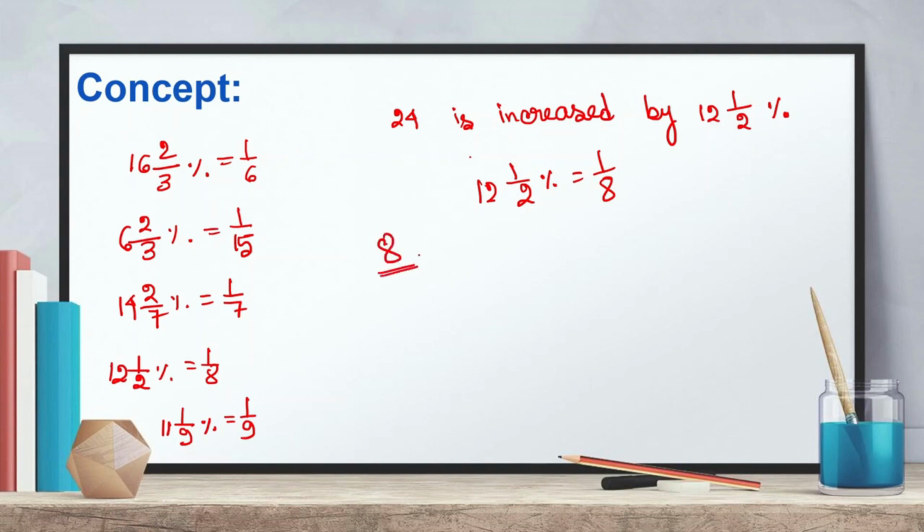If the original number is 8 and it is increased by 12 1/2 percentage, that means 8 is increased by 1/8. So what is 1/8 of 8? This is equal to 1/8 × 8, that means it is equal to 1.